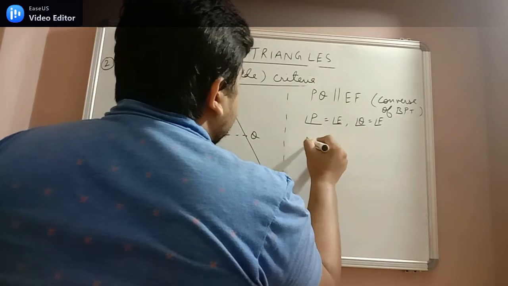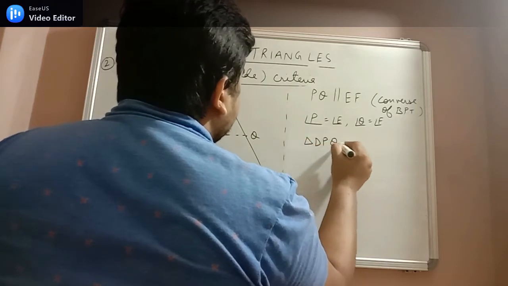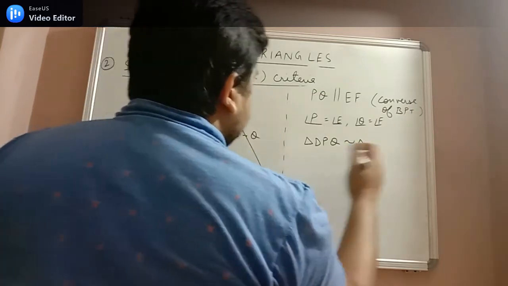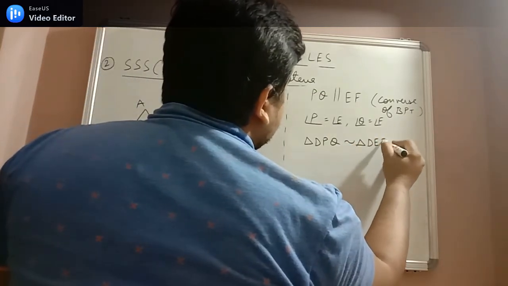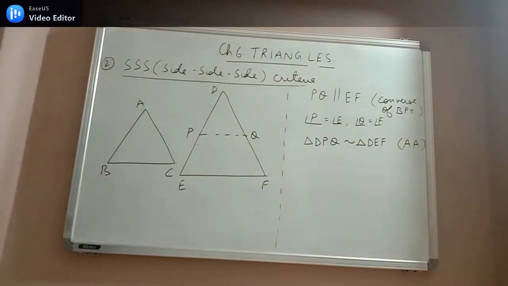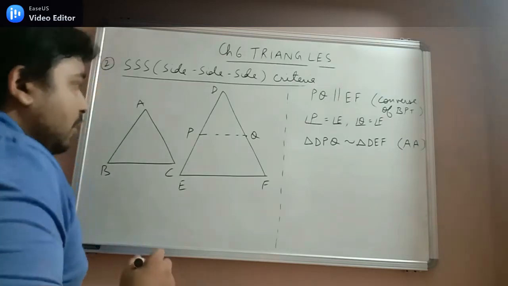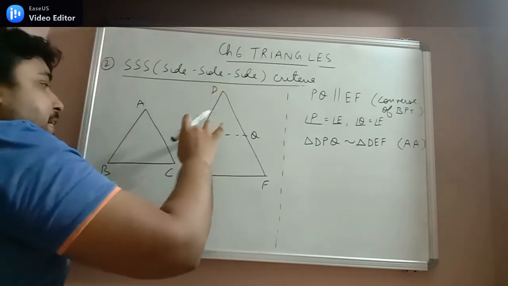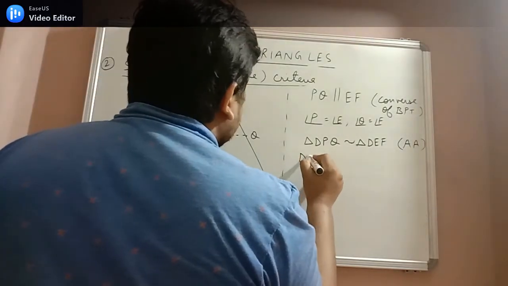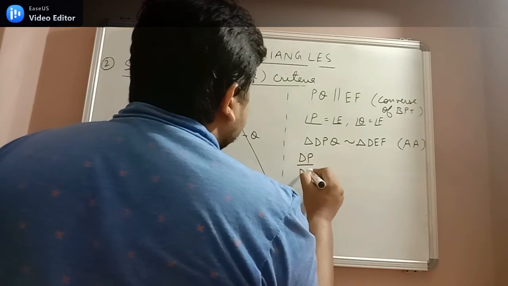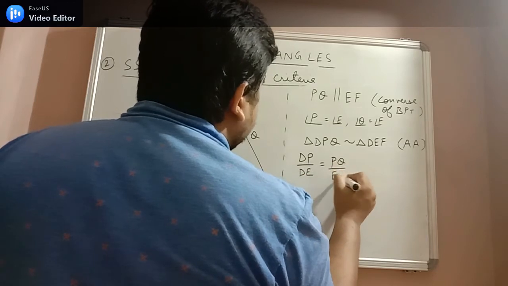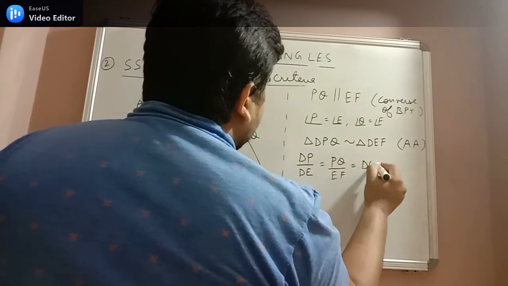So one can say that triangle DPQ is similar to triangle DEF by AA similarity. Now if triangle DPQ is similar to triangle DEF, then we can say that DP upon DE equal to PQ upon EF equal to DQ upon DF.